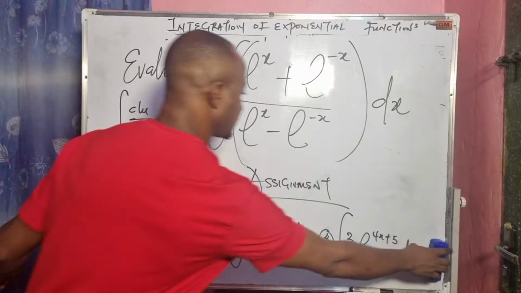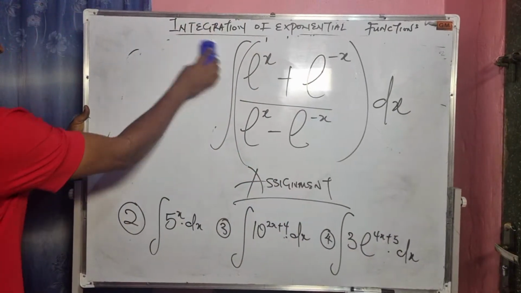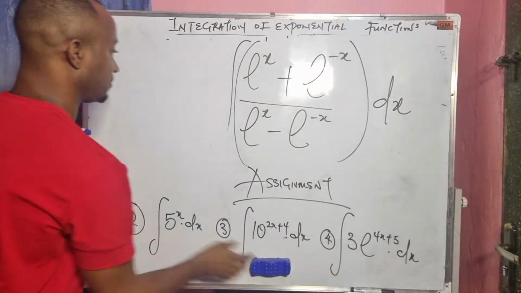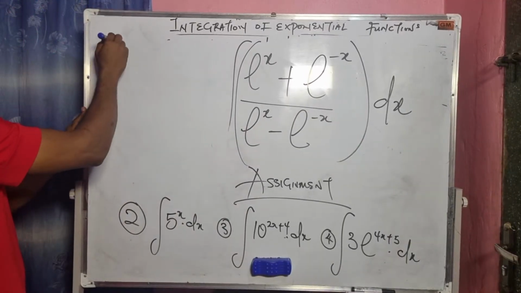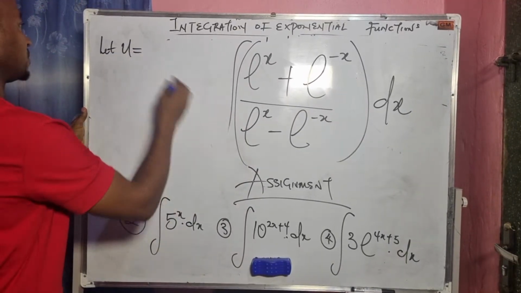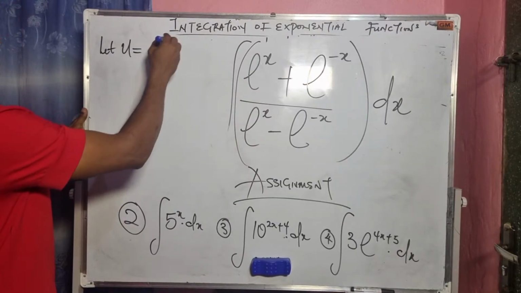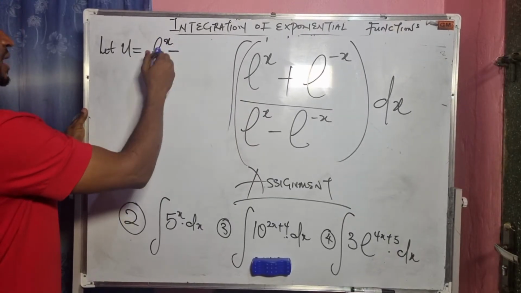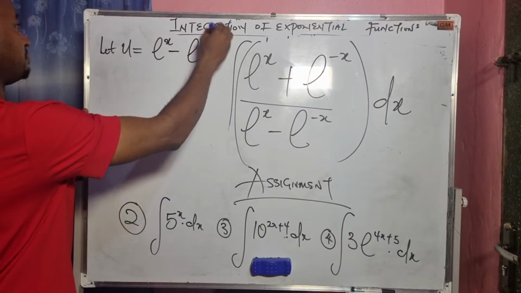I said what we need to do here is a very simple case. We're going to say let u equal e to the x minus e to the minus x.